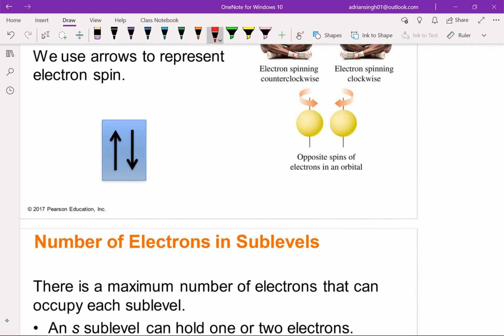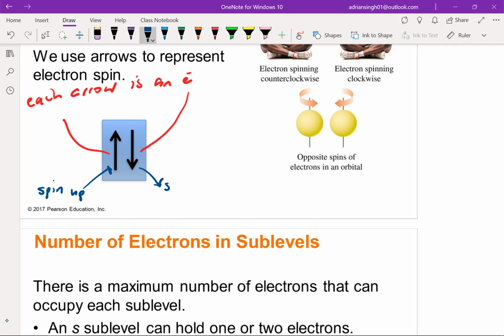All right, so each arrow in this box represents an electron. Okay, and you'll notice that one is pointing up, one is pointing down. We see that this one here is spin up, and this one here is spin down. And that's how they pair up in an orbital.